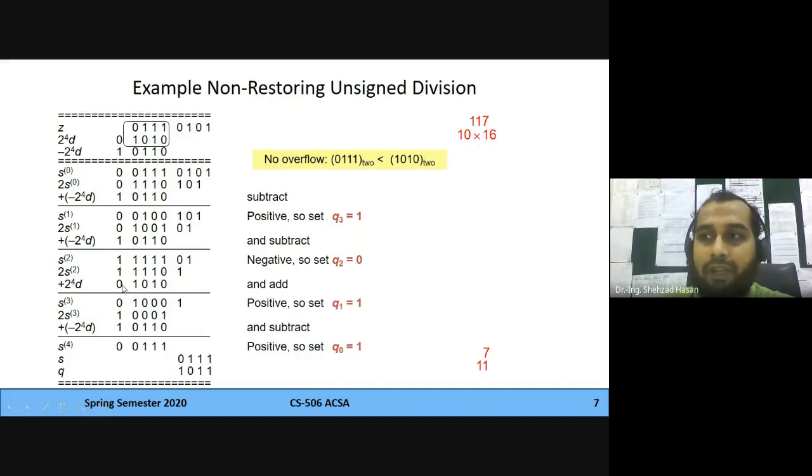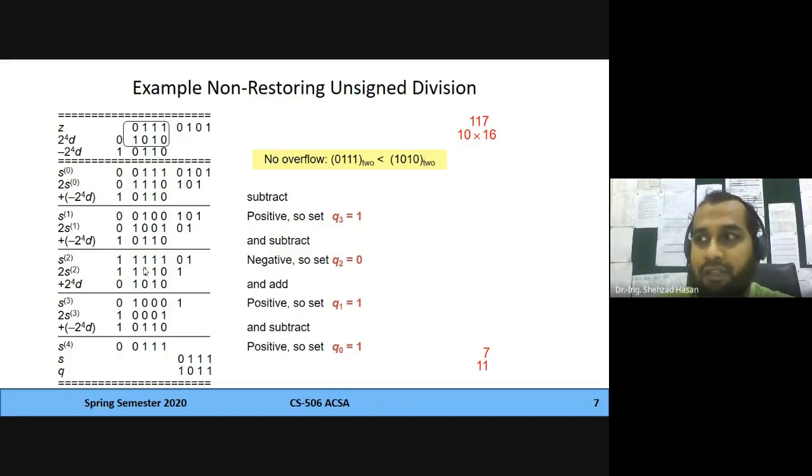And sometimes we are going to get a negative answer, sometimes a positive answer. If we get a positive answer, in both the restoring and non-restoring division algorithms we do the same thing: we set that quotient bit as 1 and continue. But if we get a negative answer, we do it differently.